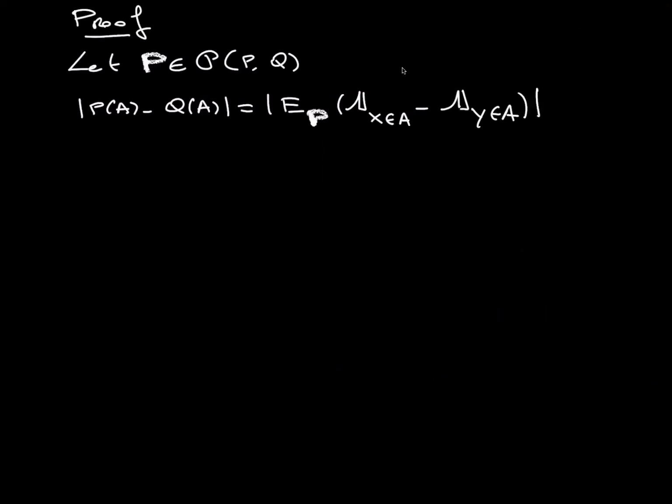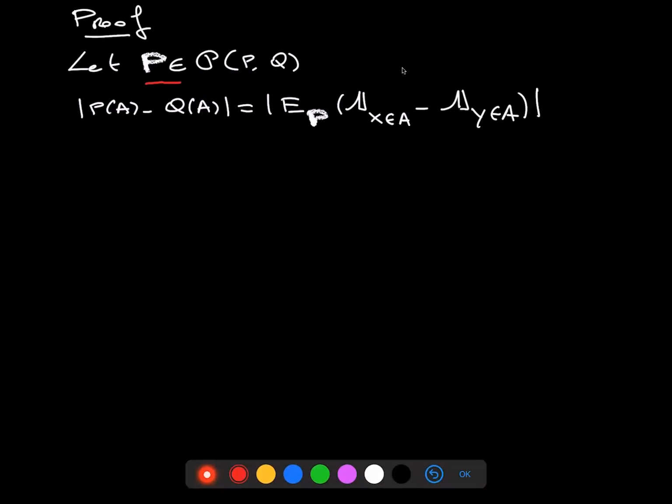So we take some coupling and we write the difference between the probabilities of two events A here as the absolute value of the expectation of the difference between the indicator functions.